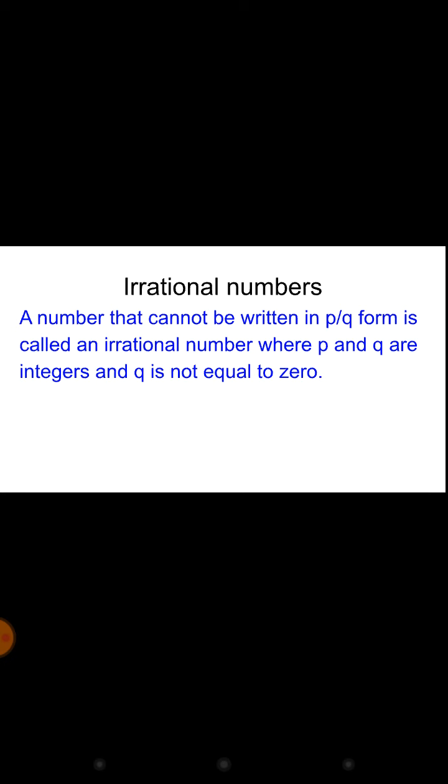Now we come to today's topic, that is irrational numbers. According to the definition, a number that cannot be written in p upon q form is called an irrational number, where p and q are integers and q is not equal to 0.